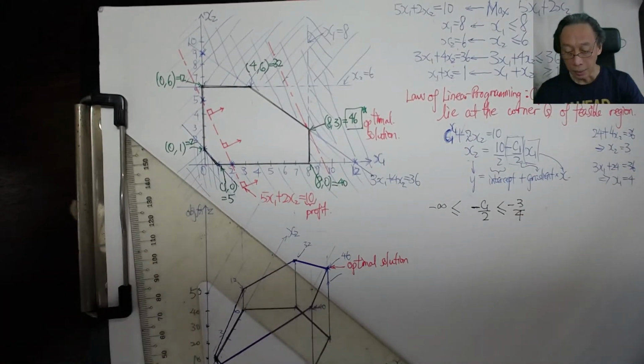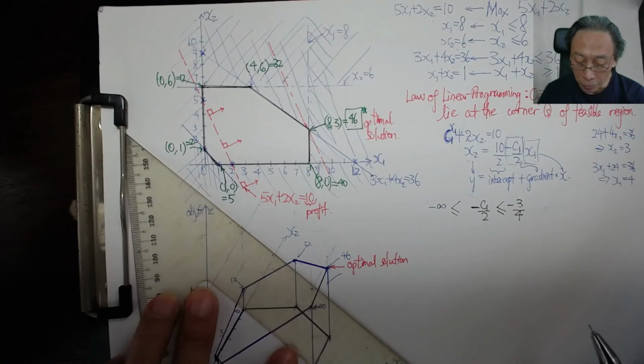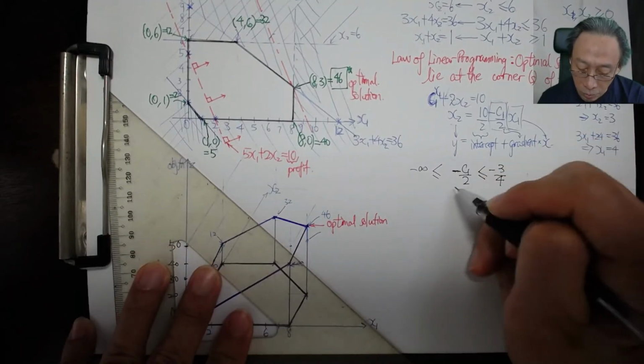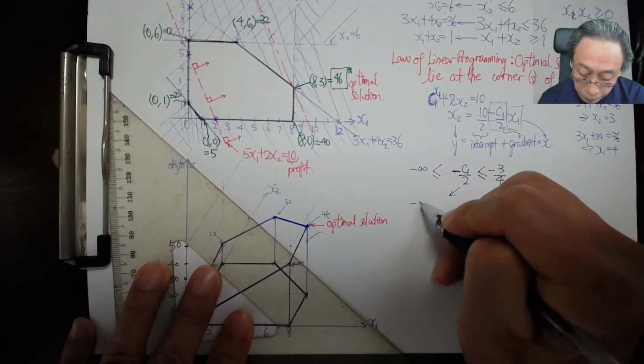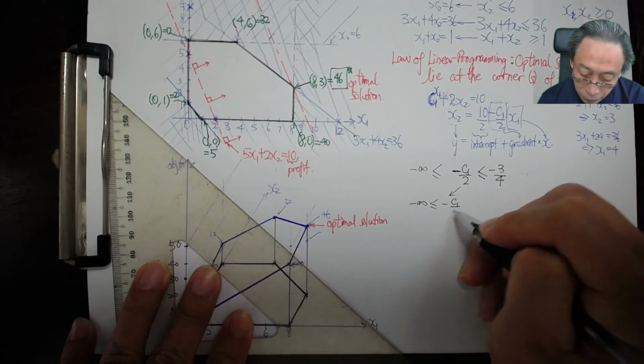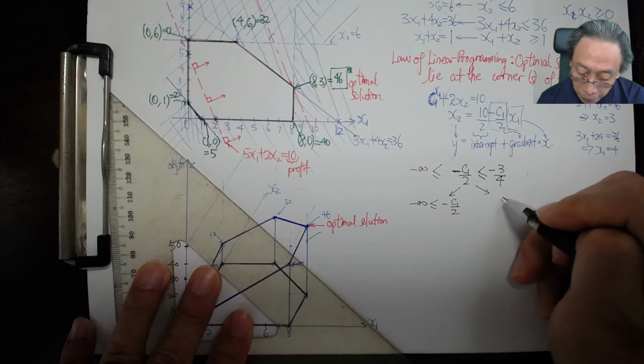Okay. Now, we are not very good at operating with double inequalities, so we're going to split it. And this.